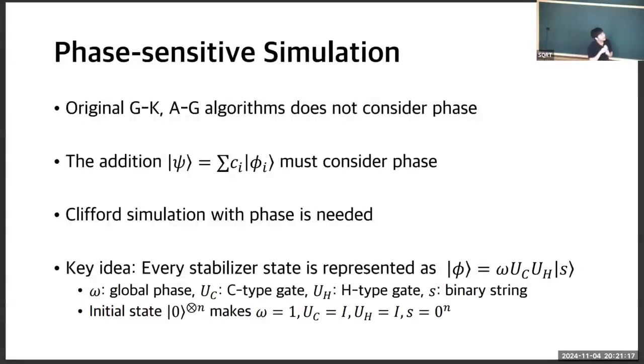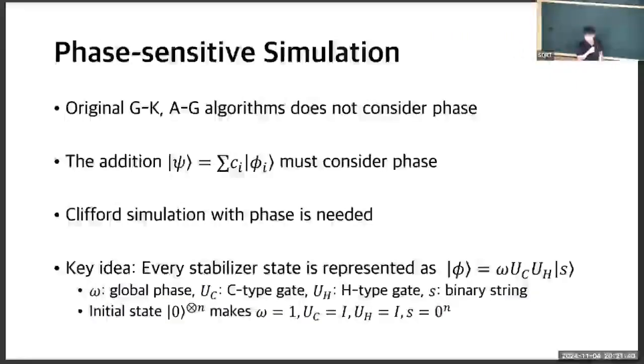And the key idea is every stabilizer state, or the state that can be generated by Clifford gates, can be represented as phi equals omega UC UH applied to S, where omega stands for a global phase, UC is a C-type gate, UH is an H-type gate, and S is a binary string, so 0 to 0 or 1 to 1.